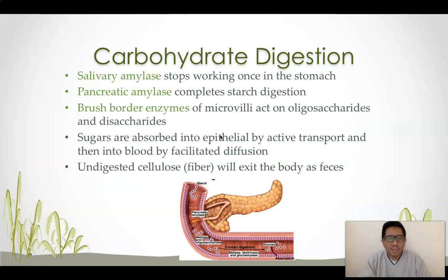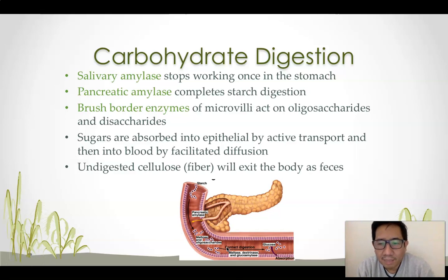So this is the slide that you have, but I broke it down into these things. Salivary amylase is in your mouth, pancreatic amylase is in your pancreas and released in your small intestine, and brush-border enzyme is also in your small intestine, and then you can absorb inside your small intestine.